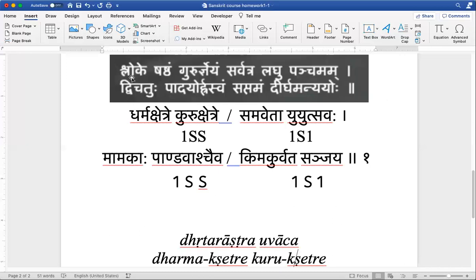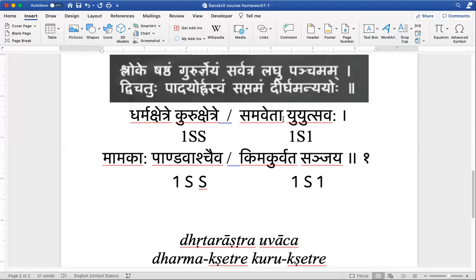Shloke shashtam guru jneyam. You divide the verses into 8 and 8 syllables in every line. I have divided Dharma kshetre, kurukshetre, and you see there is a slash. 1, 2, 3, 4, 5, 6, 7, 8, one line.